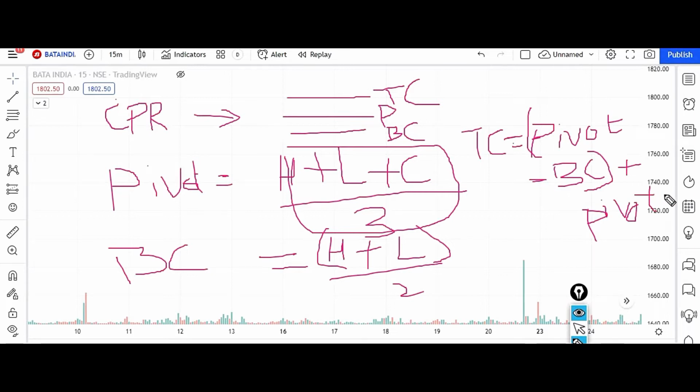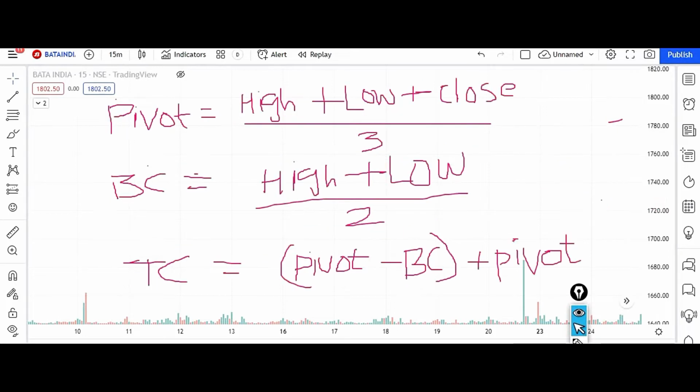This is how these three components are derived out of the underlying high, low and close by using simple maths. I hope you understand this point. These are the three components' calculation formulas. You can write them down if you are interested. Try to understand how they are derived.